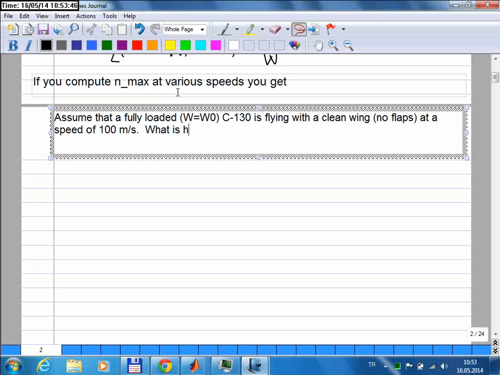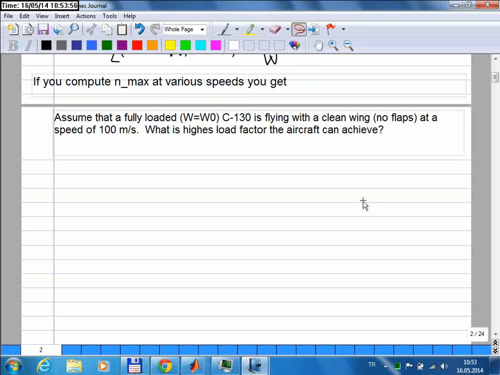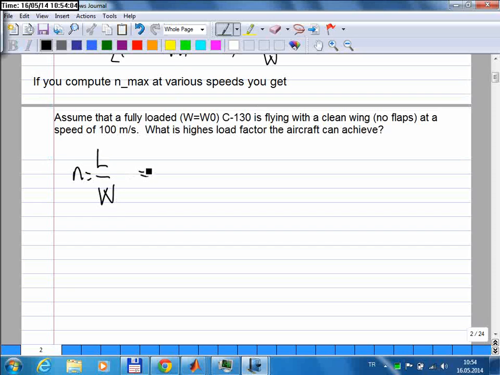What is the highest load factor the aircraft can achieve? So we should directly go back to the definition of the load factor. It is L divided by weight. And since we are asked the maximum one, for the maximum load factor, we should consider the maximum. So the weight is constant, we can't change that.